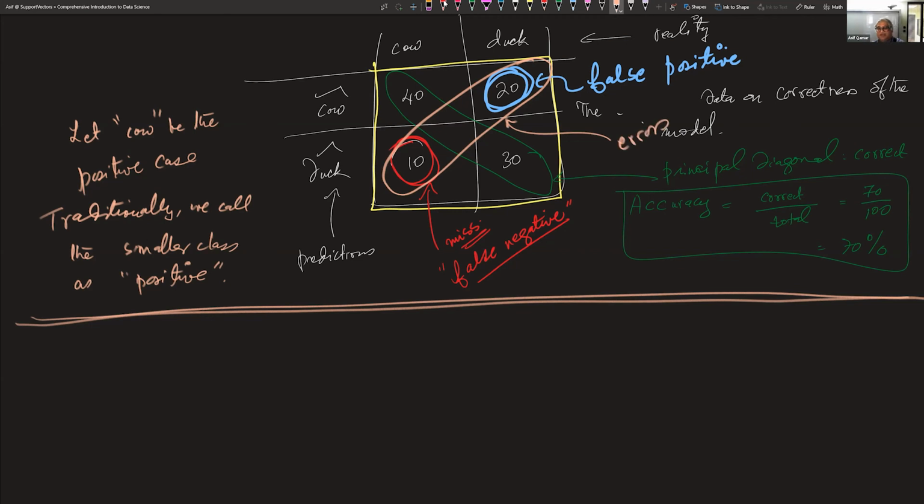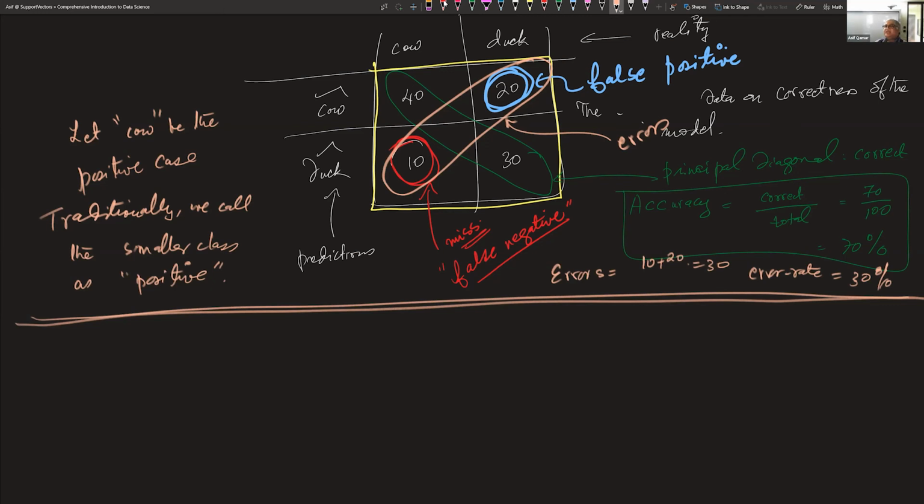And so error is equal to 10 plus 20, isn't it? There are 30 errors in this prediction, right? And so the error rate is 30%, because we started out with a 100 data set.